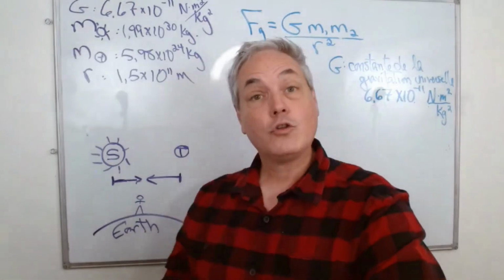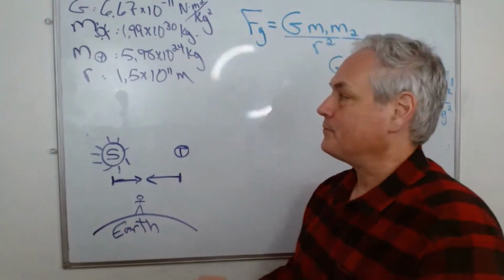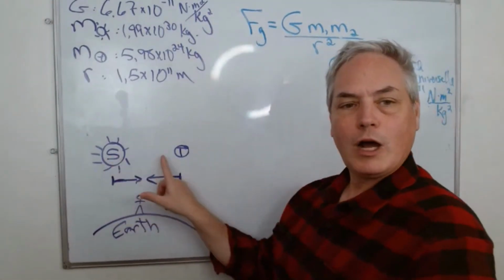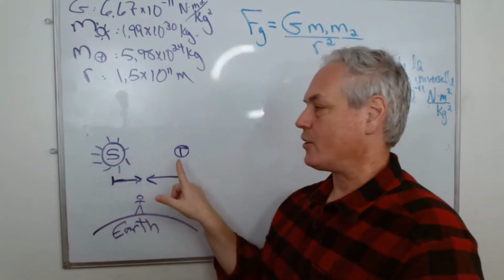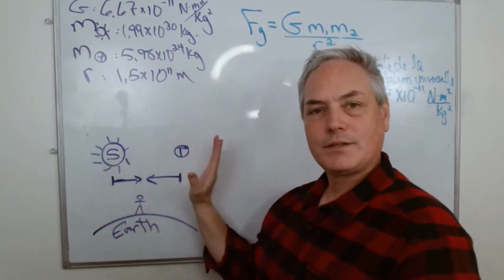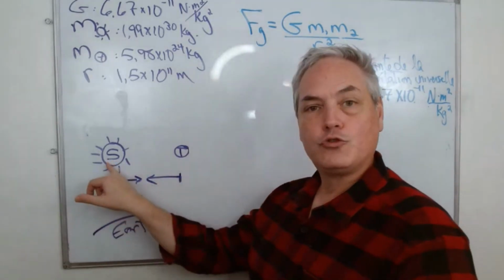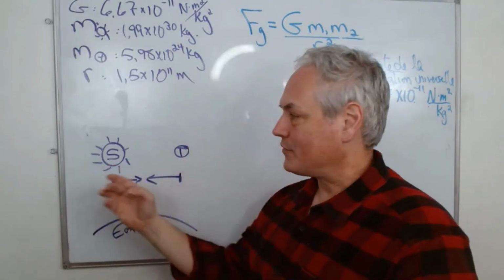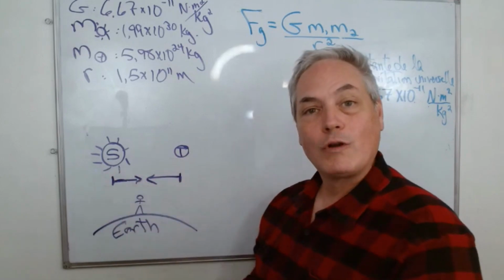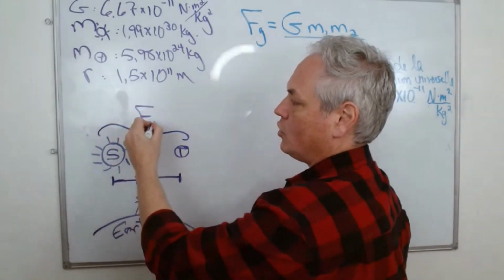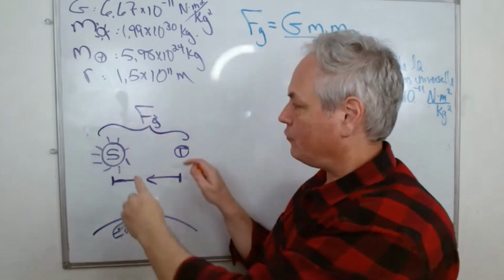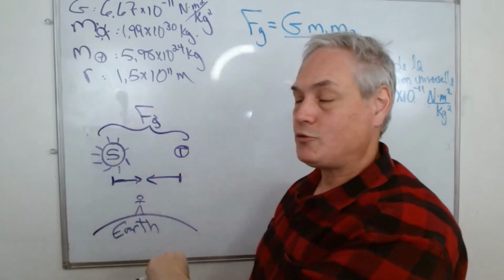The universal gravitational law says that if we have two objects, for example, in our solar system, we have the sun and the earth. We have the sun that is attracting the earth due to gravity. We have the earth that is attracting the sun due to gravity. So in between those two, we have gravitational force between those two objects.